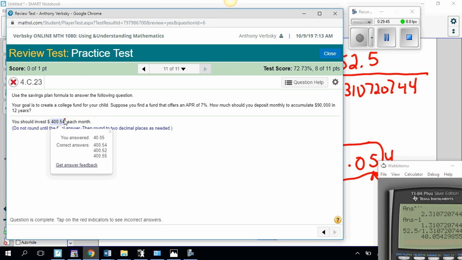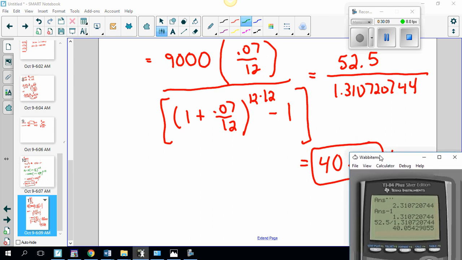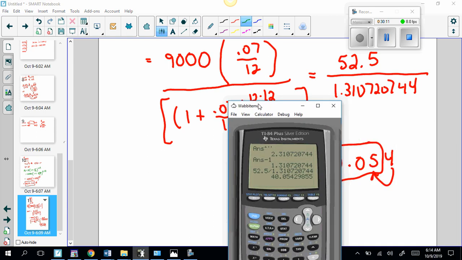Oh, I typed an extra 0. My bad. You answered 40.05. It should be 400.054. Somewhere, somehow, I just made a mistake right here, probably on my calculation.